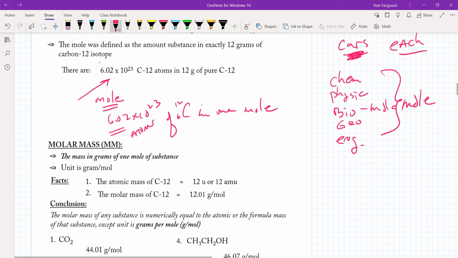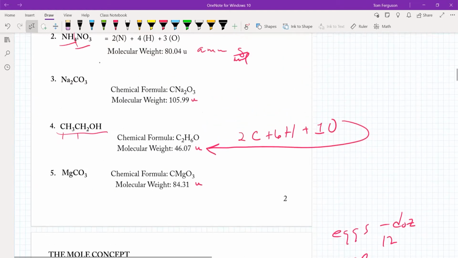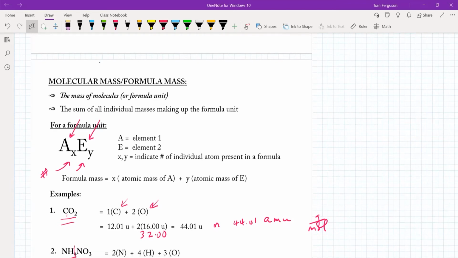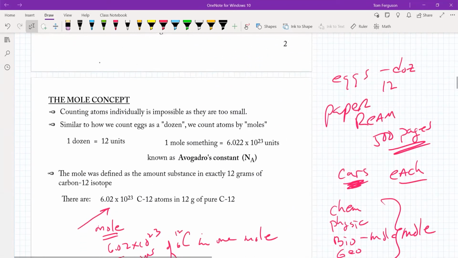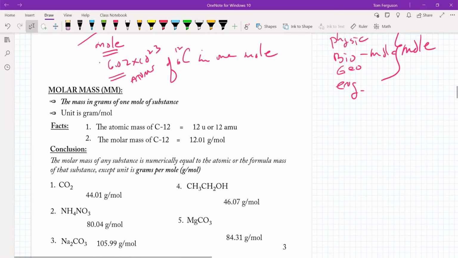When we talk about grams now, we're talking about the molar mass, as opposed to the molecular mass or formula mass. Those are AMUs. When we talk about molar mass, the units are grams per mole.